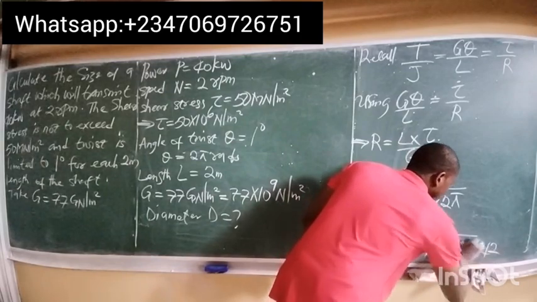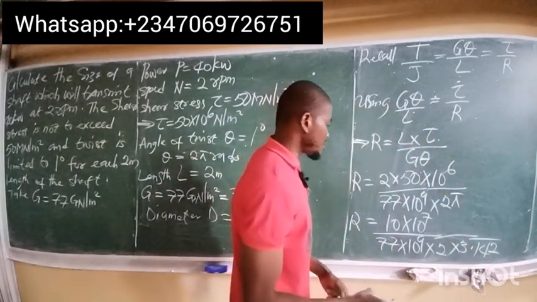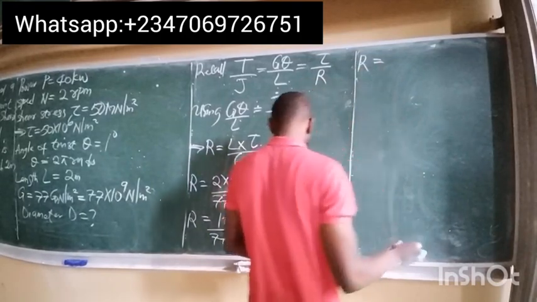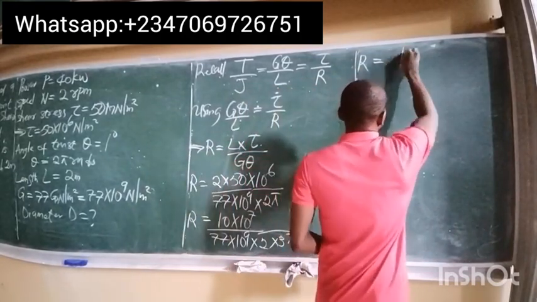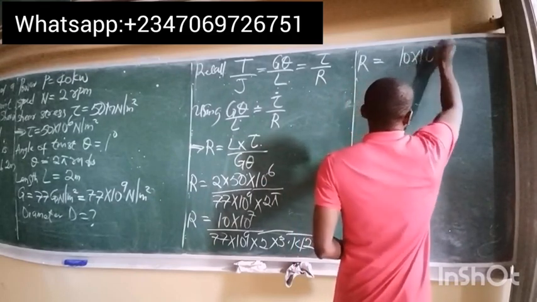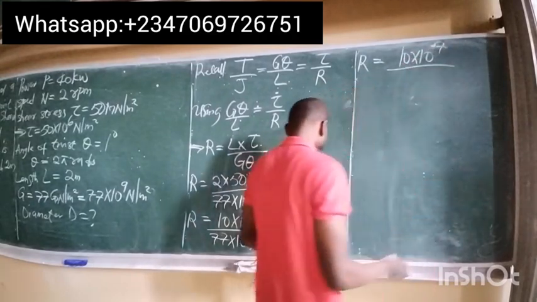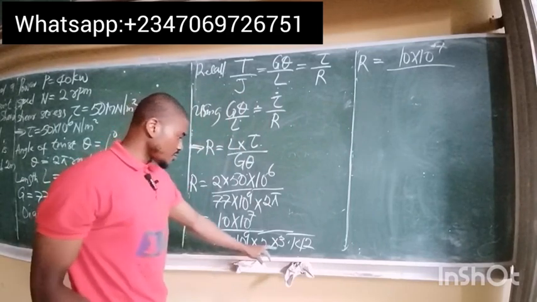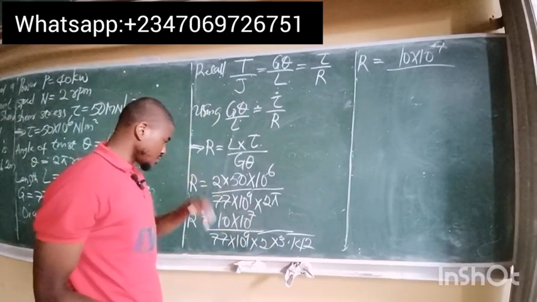Alright, so we have the radius r now equal to 10 by 10 to the power of 7 all over 77 by 2 by 3.142.